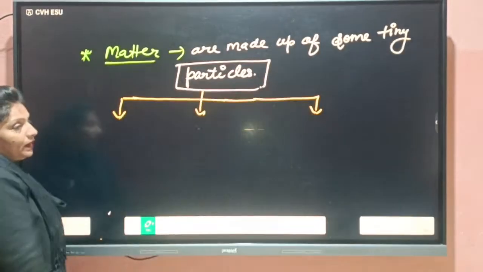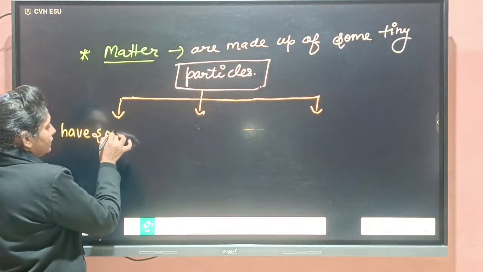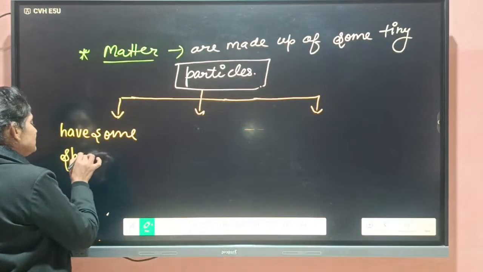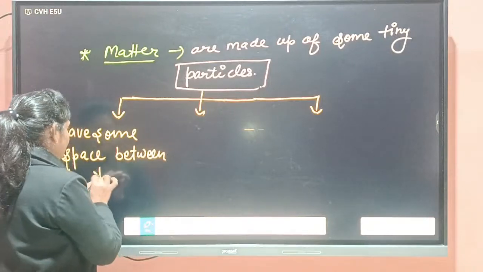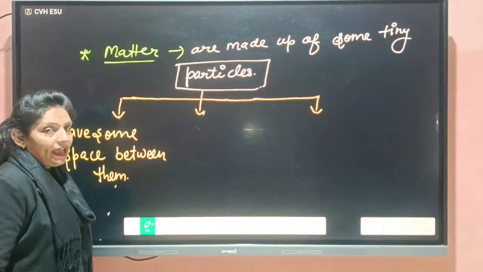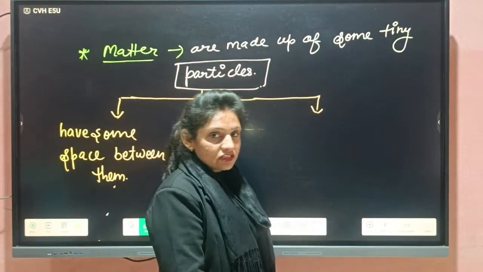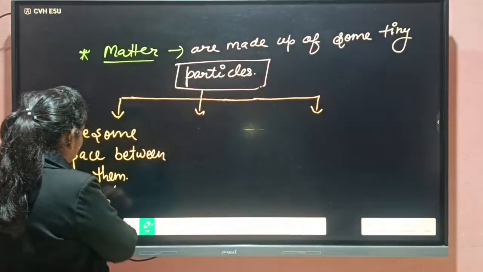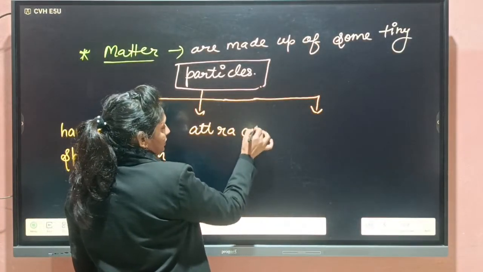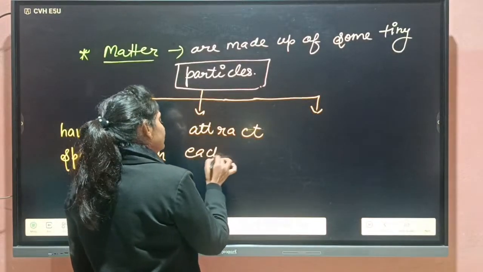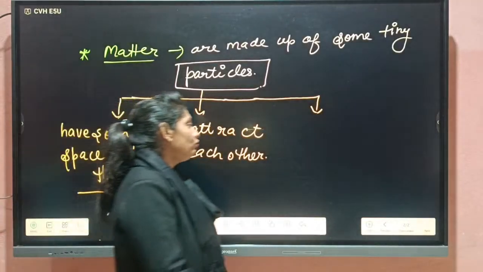Students, these tiny particles have some space between them. Particles के बीच कुछ space होता है. We will understand this with an activity, with an example. Particles attract each other. And students, particles move continuously.